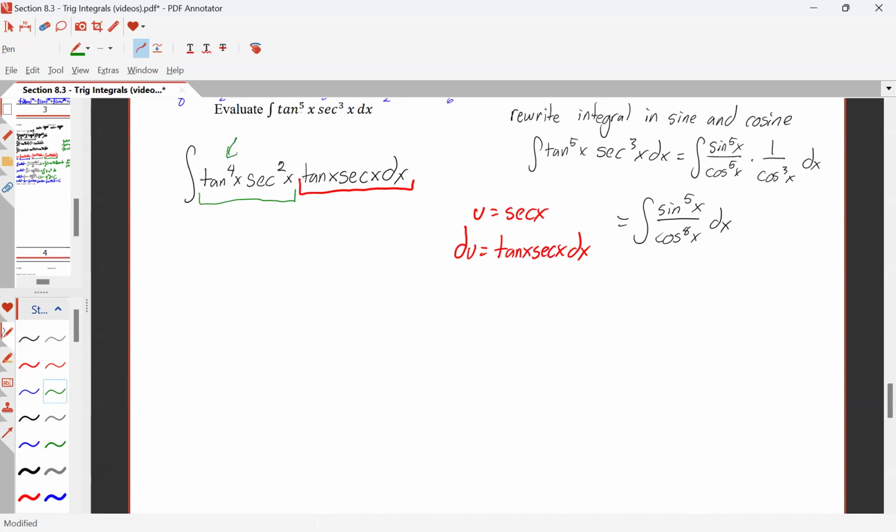In particular, this tangent to the fourth needs to be written in terms of secant. Tangent to the fourth is the same as tangent squared x, squared. And tangent squared x by the Pythagorean identities is secant squared x minus 1.